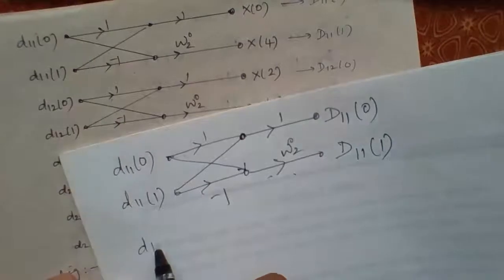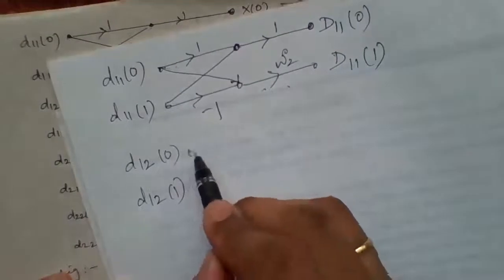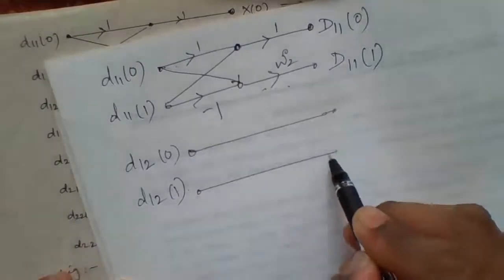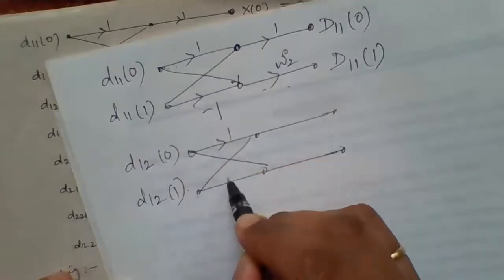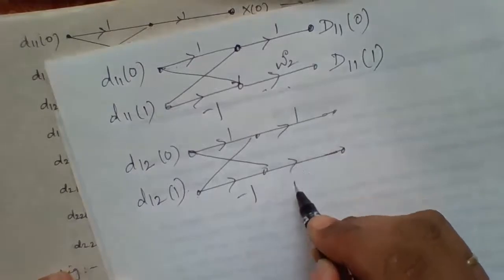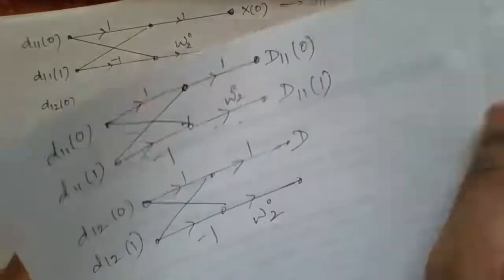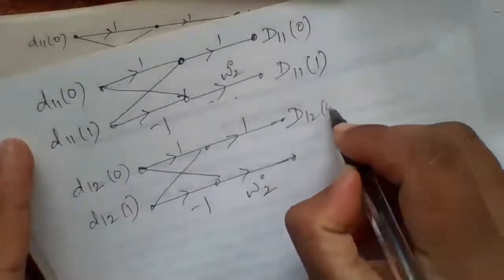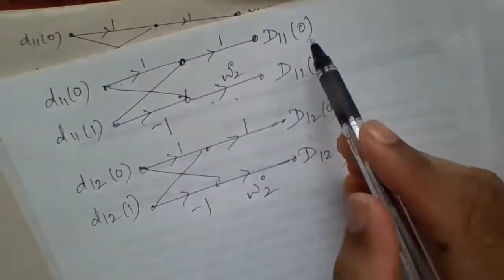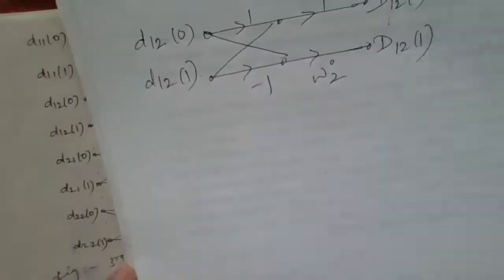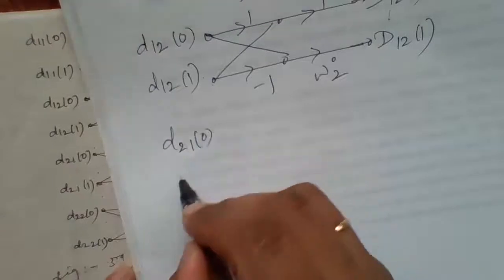I have d12 of 0, d12 of 1. They are also 2 point, giving either 1 minus 1 multiplied by 1 or w raised to 2. So here the samples are d12 of 0 and d12 of 1. Whatever 8 equations we have, we are just putting them in the form of a graph, that's all. Similarly I have d21, d21 of 0 and d21 of 1.